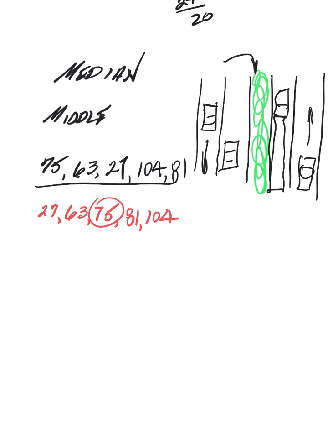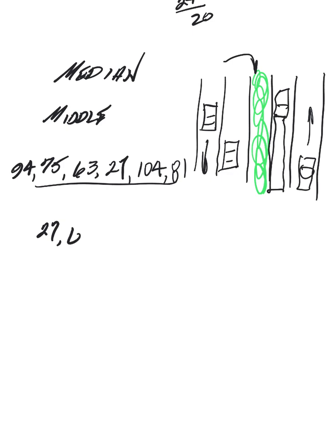Now, sometimes, let's say that we take those same scores I have here, and let's add another one to it. Let's add a 94 to it. Now let's list them in order. 27, 63, 75, 81, 94, and 104.